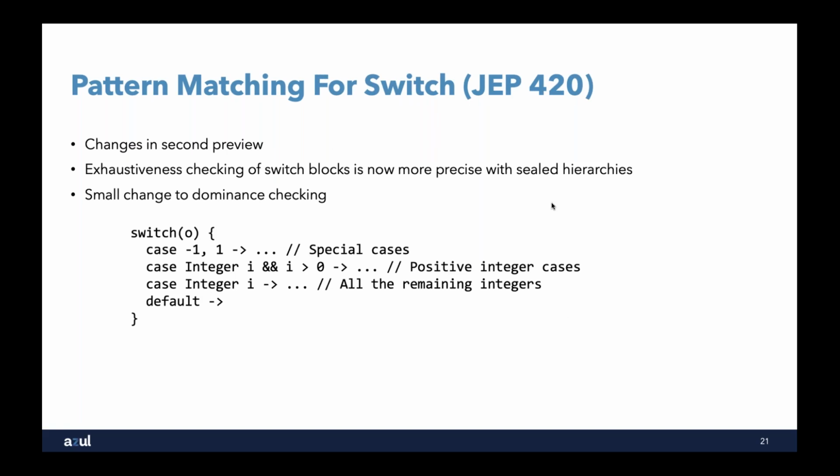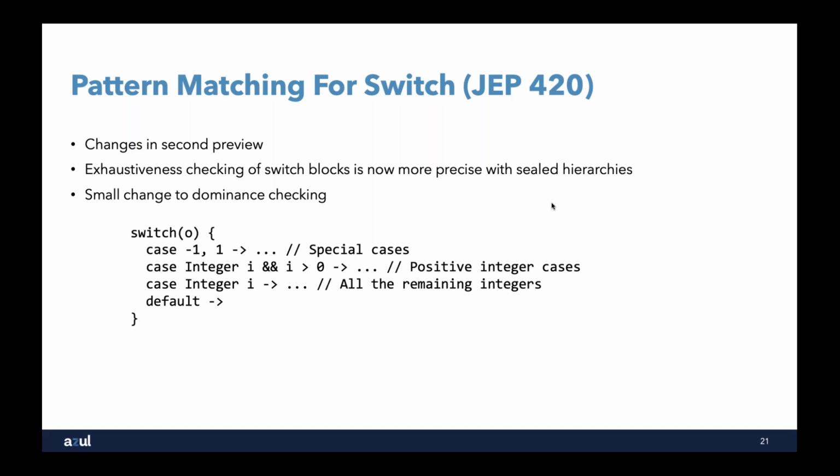In terms of what has changed in the second preview, there are two things which have changed. In the case of pattern matching, switches have to be exhaustive, which means that we have to cover every possible type that could be passed to that switch statement. That's why in the previous example, we had to have a default case, because if we didn't match on any of the ones above, then we deal with everything else through the default.